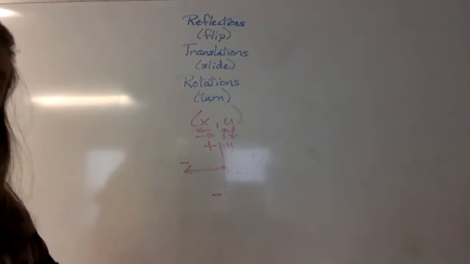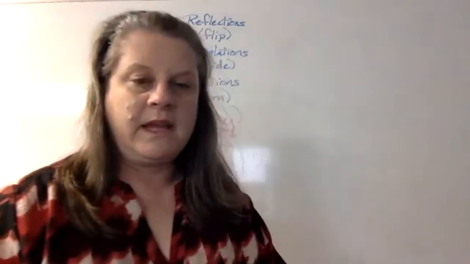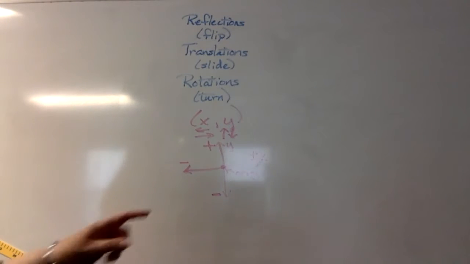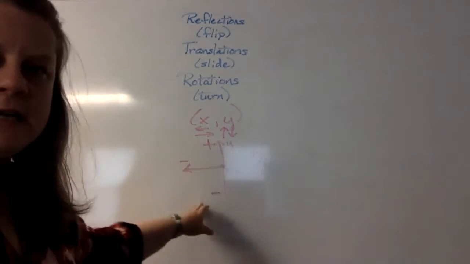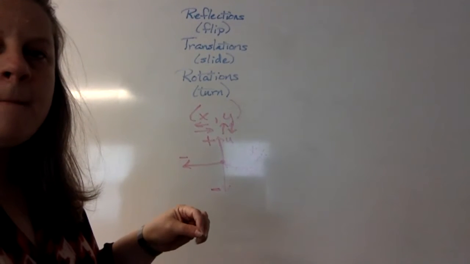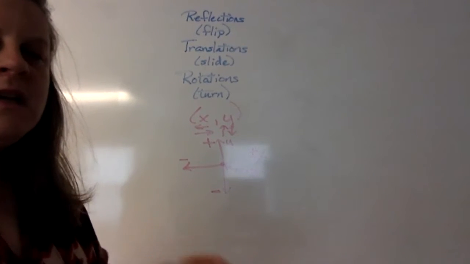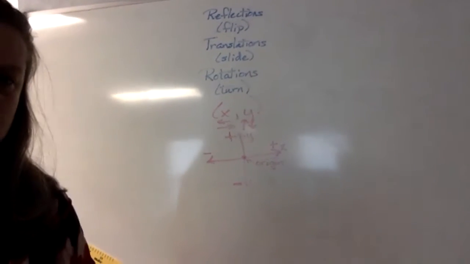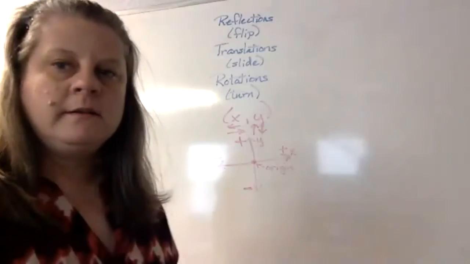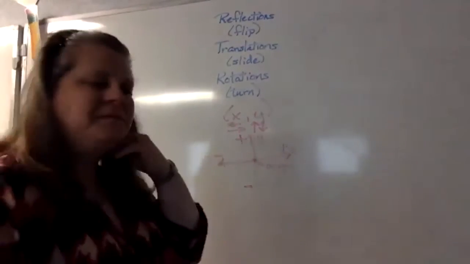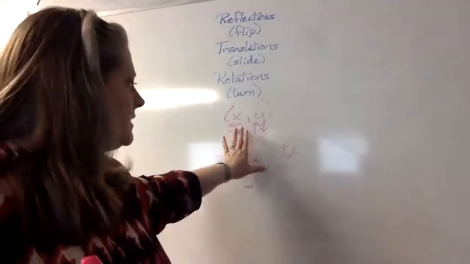Now, something else we talked about on our coordinate plane is that each one of the quadrants is how many degrees? Does everyone remember that? Each quadrant was how much? Just look at it.